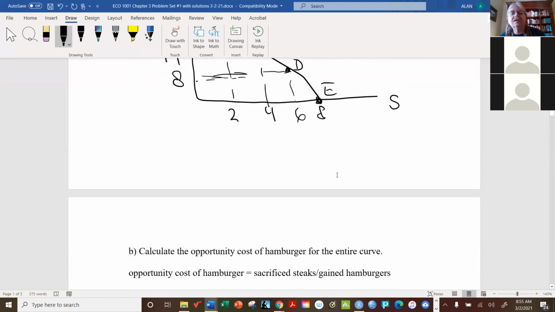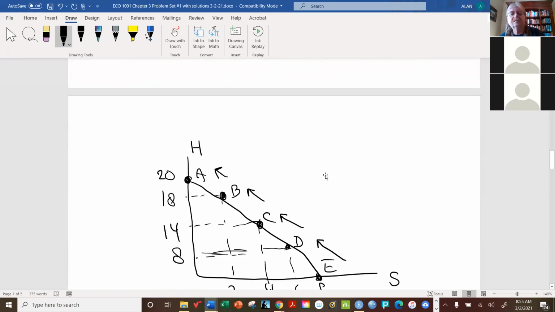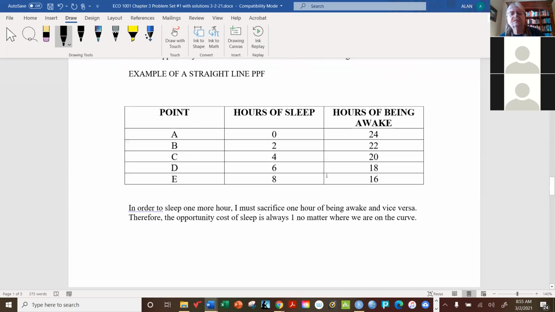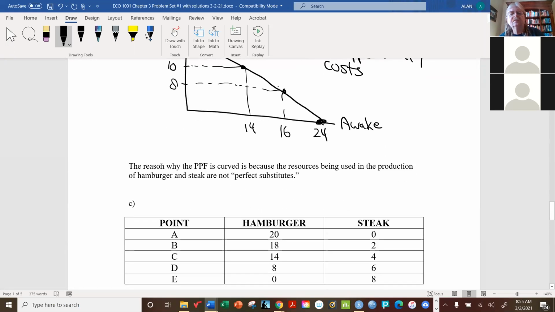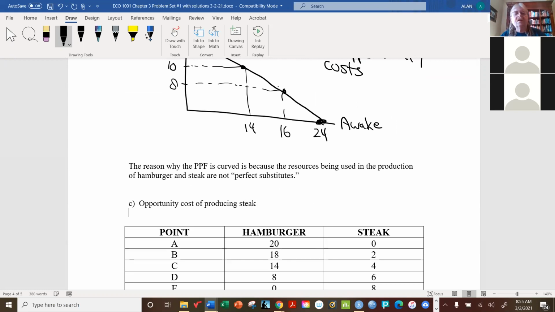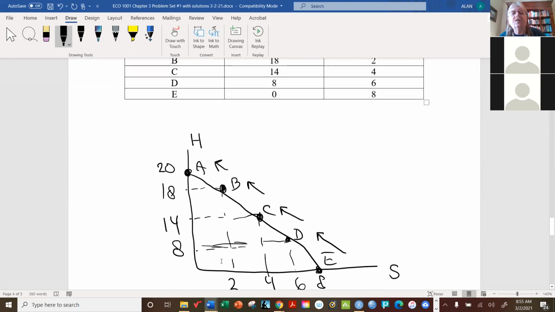Okay, all right, so let's get that done. So in other words, this one means that we're moving in the opposite direction.